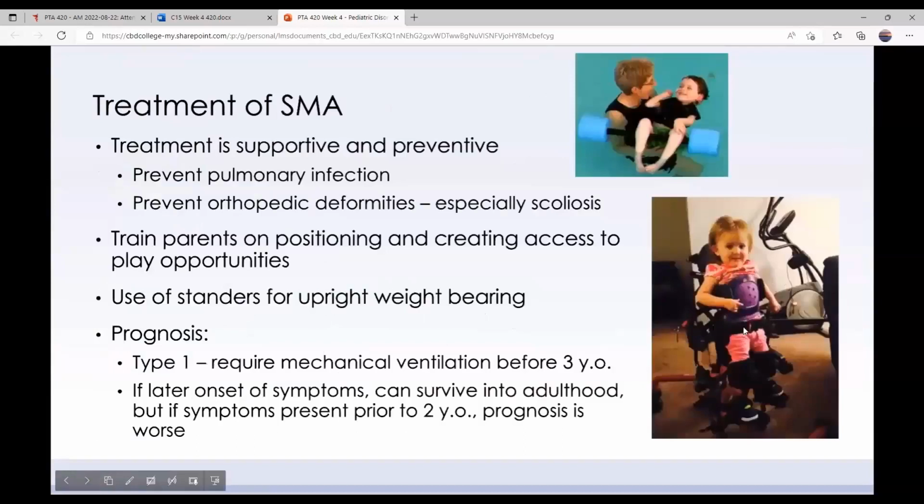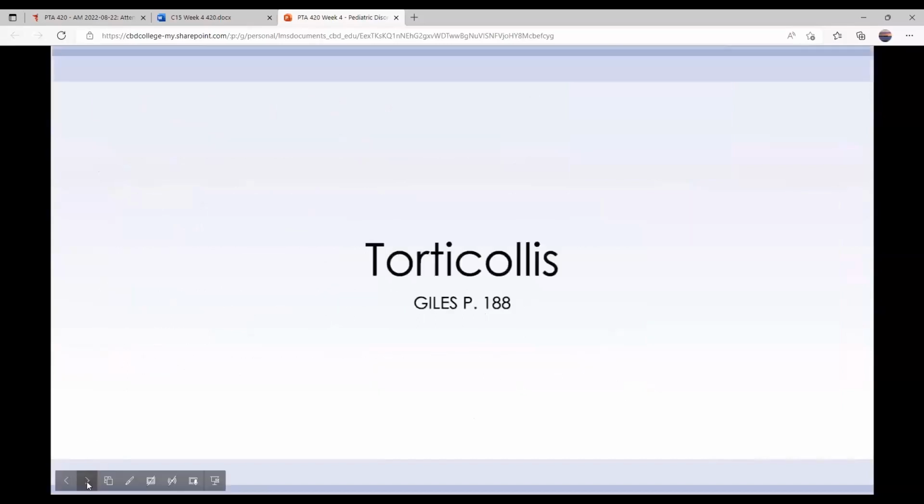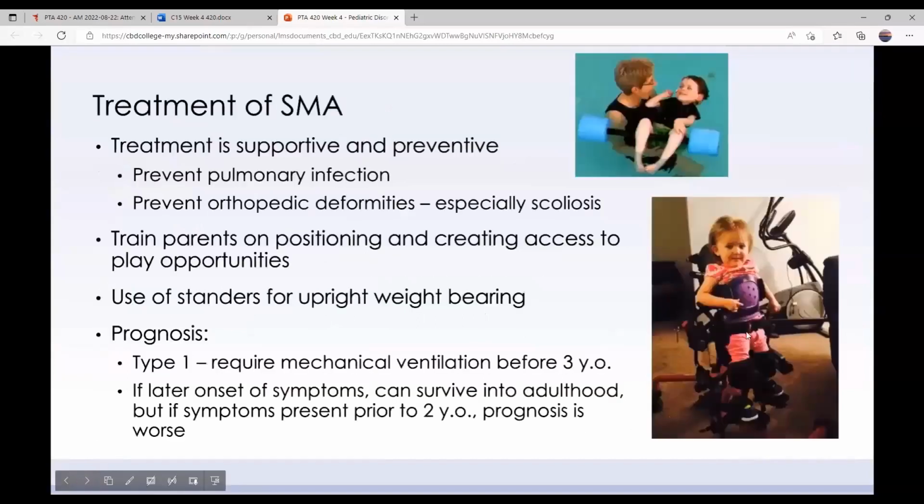So again, you're going to see a lot of the similar type of interventions, orthotics, weight-bearing devices, okay? You're going to see a lot of consistency with approaches, because it really is trying to get the patient to be functional and in a functional position and try to reduce these negative effects, okay?